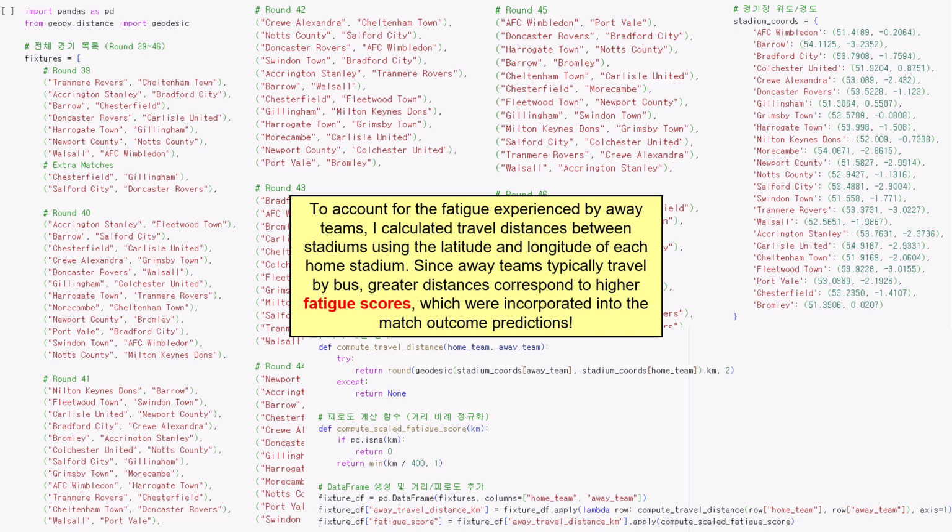To account for this, I calculated travel distances between each home stadium using their geographic coordinates, latitude and longitude. These distances were used to create a fatigue score for away teams. It's a small but important variable in the prediction model, I think, ensuring our forecasts aren't purely statistical, but grounded in practical matchday conditions.